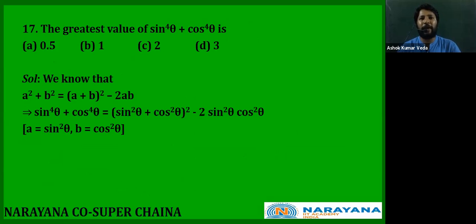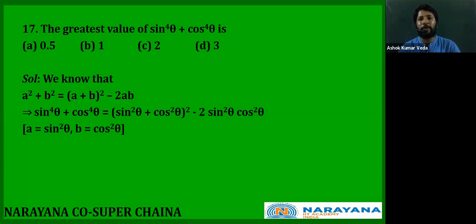So over here we have sine raised to 4 theta plus cos raised to 4 theta, which we can then write as sine square theta plus cos square theta the whole square minus 2 sine square theta cos square theta. What I have done is taken a to be equal to sine square theta and b to be equal to cos square theta. So if a is sine square theta and b is cos square theta, I have a square plus b square, which I've then written as a plus b the whole square minus 2ab.